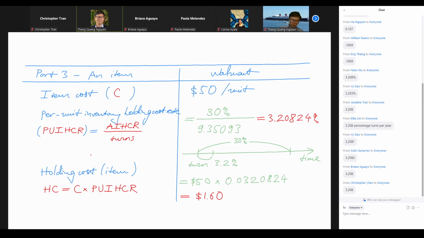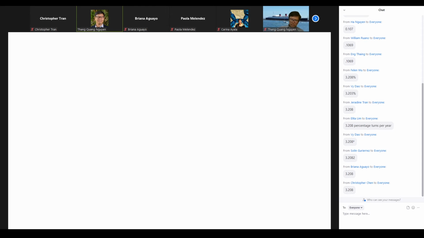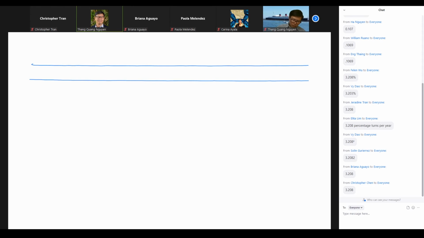All right, so let's continue. We are still in part 3 of the table. Now to calculate the expected profit of this item, we need to know how much we're going to sell it for, right? So that's the selling price of the item. So let's calculate it based on what we already have. We are still in part 3 about that particular item at Walmart.